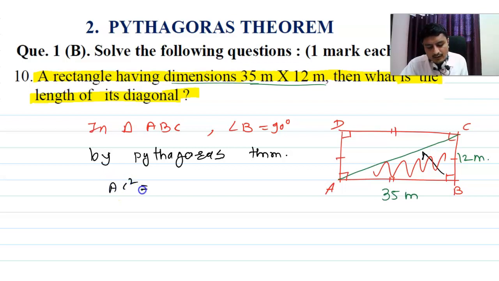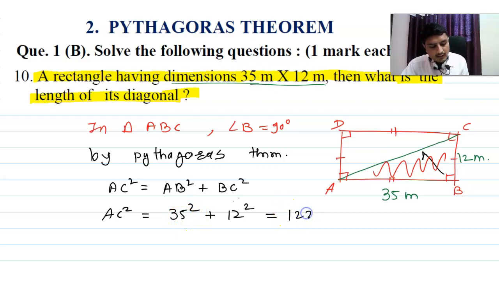So AC square is equal to the sum of the squares of the remaining two sides, AB square plus BC square. So AC square is equal to 35 square plus 12 square. 35 square means 35 into 35, which is 1225, plus 12 square means 12 into 12, which is 144. Once we add 1225 with 144, we get the value of AC square as 1369.